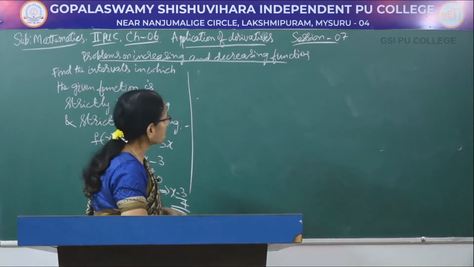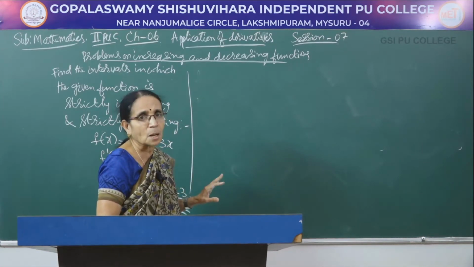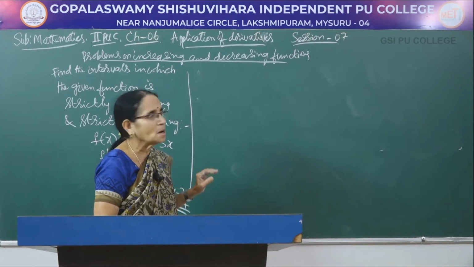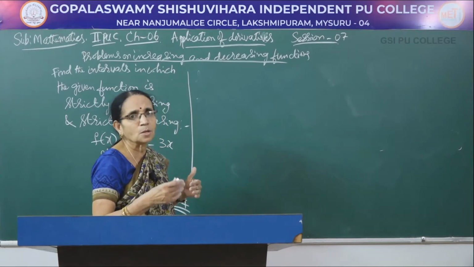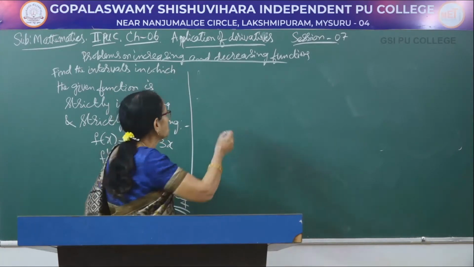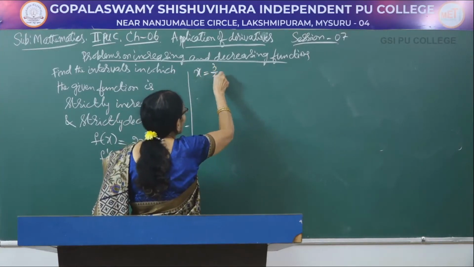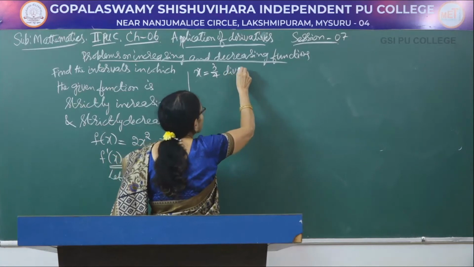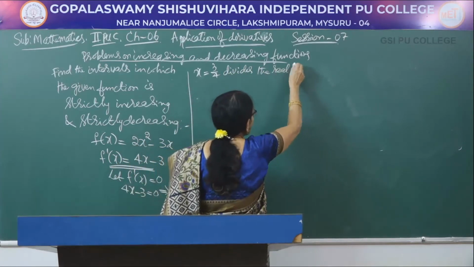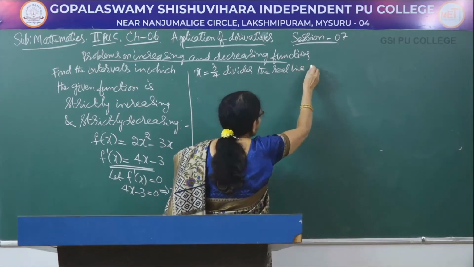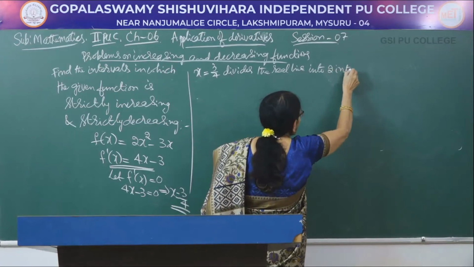So, how do you write? The method is same here. For all the problems, the procedure is same, only the function would be different. Depending upon the function, the degree of the function, you may have only 2 intervals or 3 intervals also. You write that x is equal to 3 by 4 divides the number line, or the real line, both are correct, into how many intervals? 2 intervals.